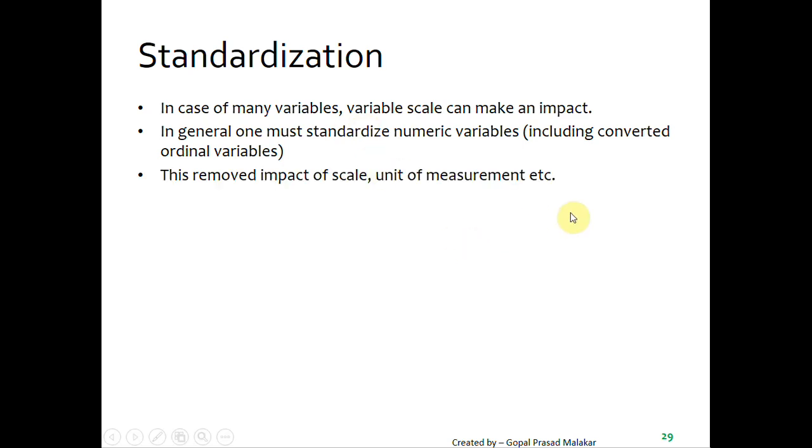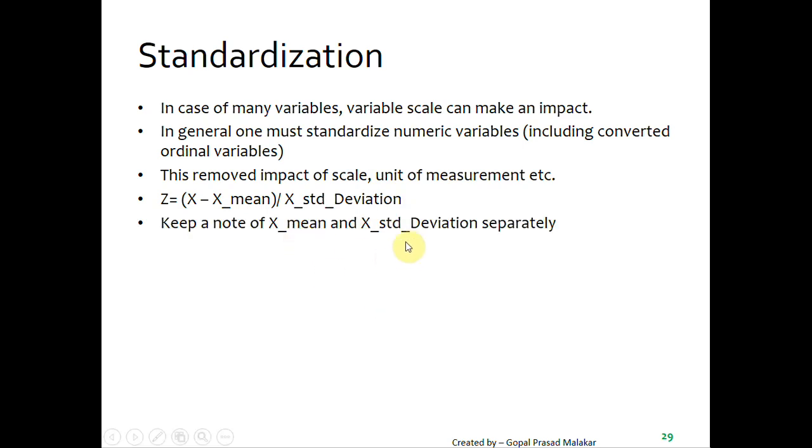What it does is remove the impact of scale, which is the unit of measurement. So how do you do it? You find the average of the data, subtract it, and divide by the standard deviation.